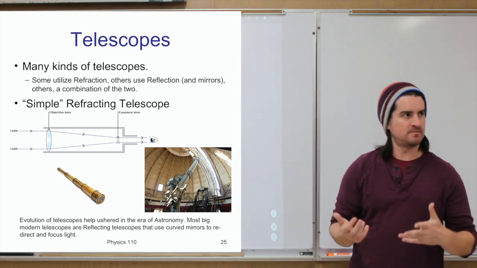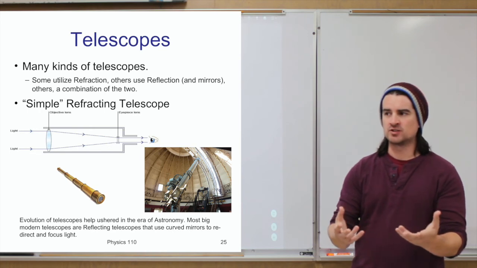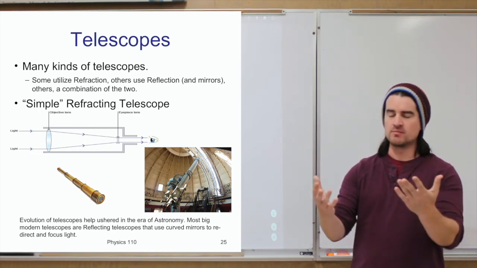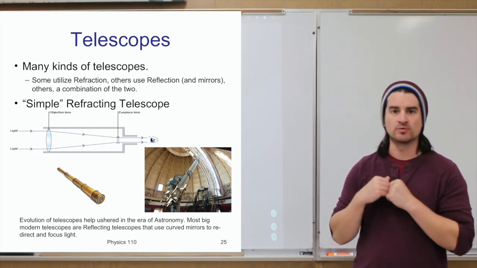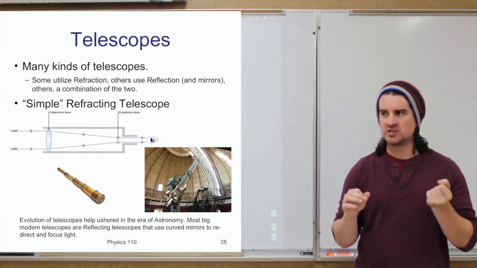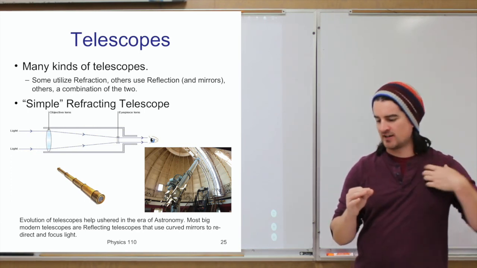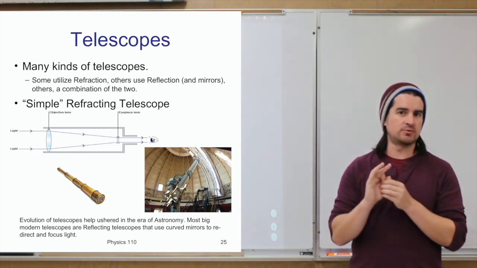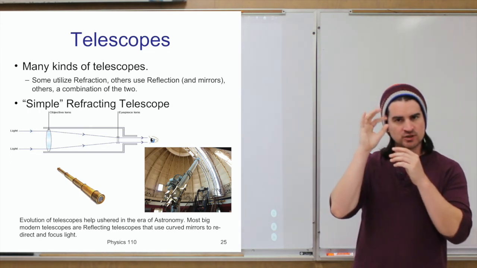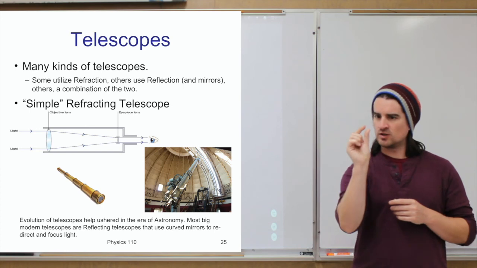For the most part, it does that by allowing more light into our eye than would normally enter. One of the main limitations of our eye is how much light can come in, and that is limited by the size of your pupil. Your pupil can open and close a little bit, but overall it's pretty small.